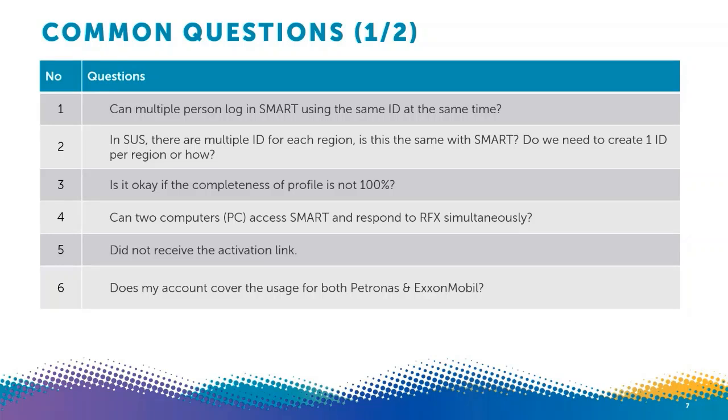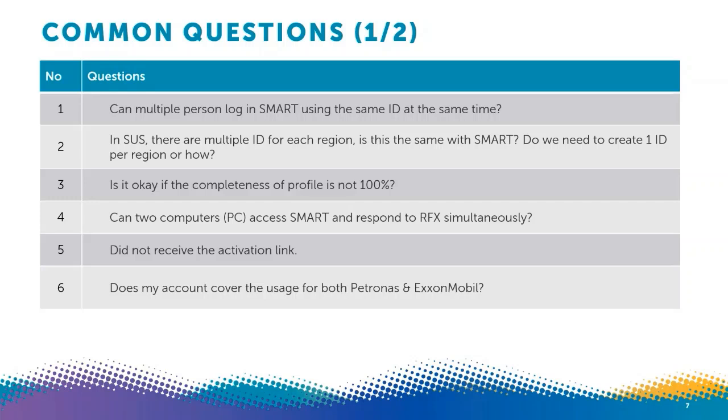For that purpose, you will need to create each person with their own user ID. So it's personalized. Every time they make any changes in Smart, say in RFX, we can actually track who made those changes. So the tracking is there, and you can also control the user access.